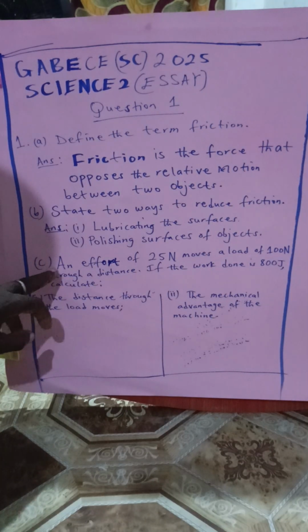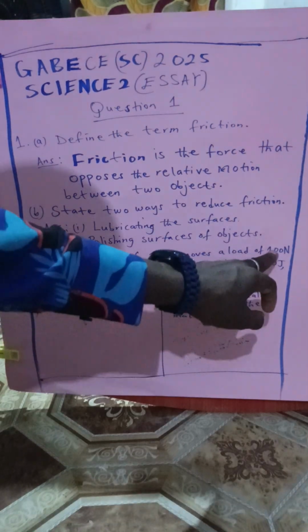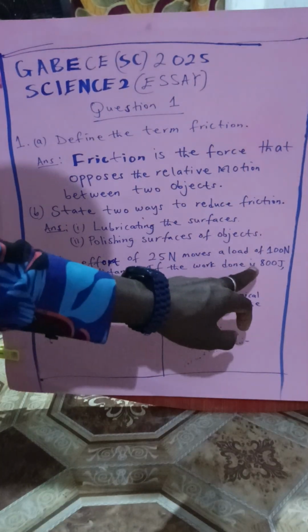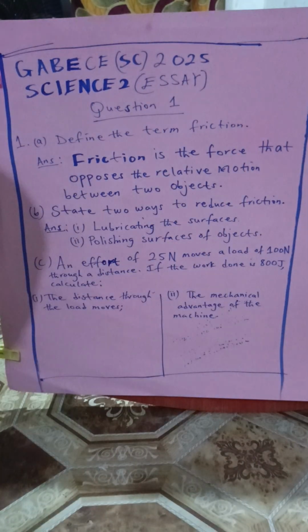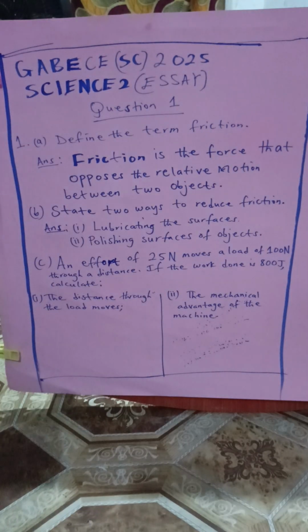Let us see. An effort of 25 Newton moves a load of 100 Newton through a distance. If the work done is 800 joules, calculate Roman figure 1, the distance through which the load moves.